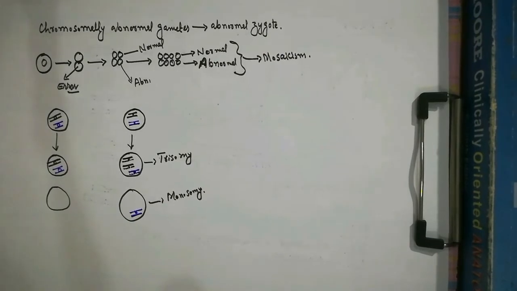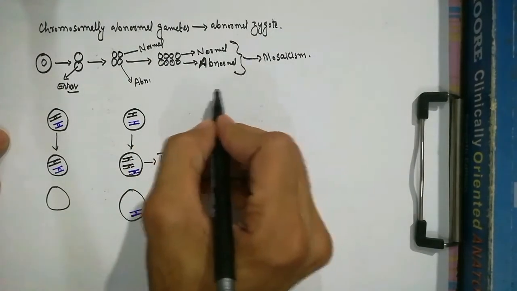Unlike trisomies, in case of monosomy, chances of living are very little. Life is not possible in monosomy involving autosomes. The only monosomy which is compatible with life is monosomy of the X chromosome. Monosomy of the X chromosome is called Turner syndrome.